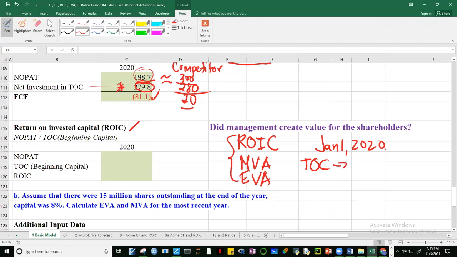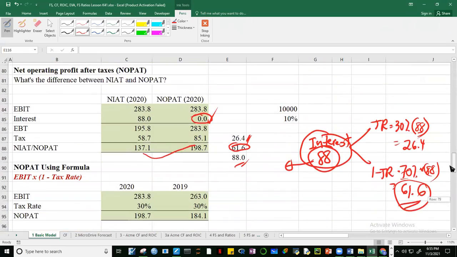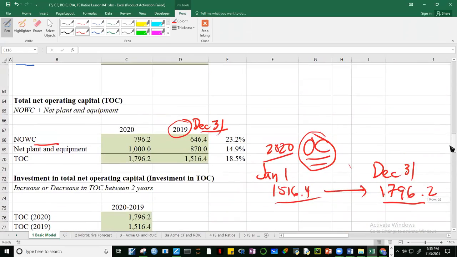The operating capital given to management was around 16.4 million. Where did I get that? I got that from total operating capital.